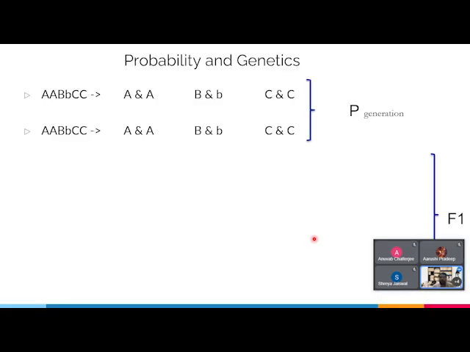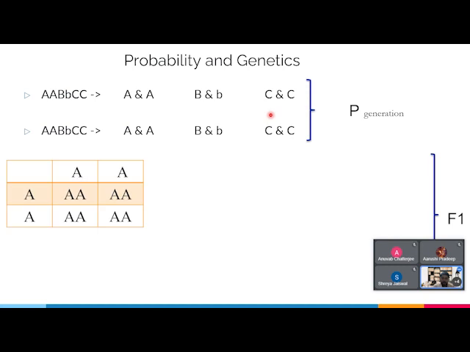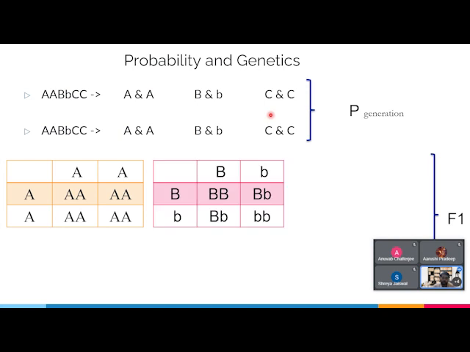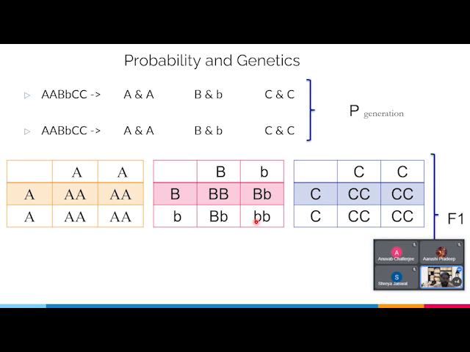We follow that up with selfing this F1 progeny. The segregation will again occur similarly: capital A, capital B small b, capital C for both of the cases. We draw the Punnett square for A, which gives homozygous A throughout; B, which gives a 1 is to 2 is to 1 segregation for the B trait; and for C, it is homozygous C again. We then go ahead and find the capital A small a probability, which is 0 in this case.